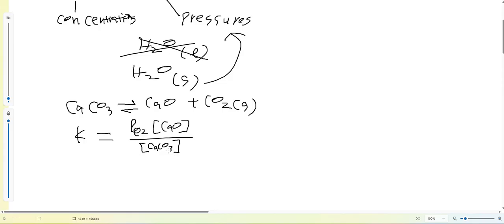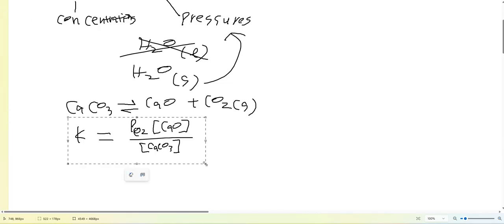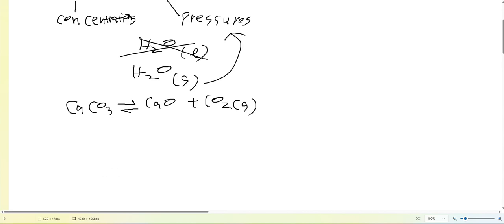Now, the problem with this is, well, yes, it looks correct, but it's including solids, and that is why including states is so important: you reduce your rate of error. Okay? So, let's include the states now.